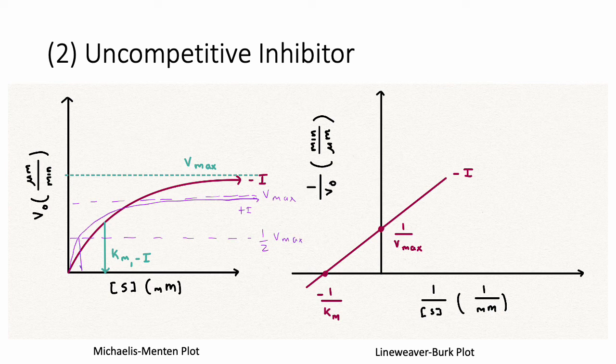And you can clearly see Km plus I is less than Km minus I. So for the Lineweaver-Burke plot, we have the x-intercept getting further away from the origin and the y-intercept increasing. So here's plus I, but notice how the slope is left unchanged. The line just seems to be shifted parallel upward.